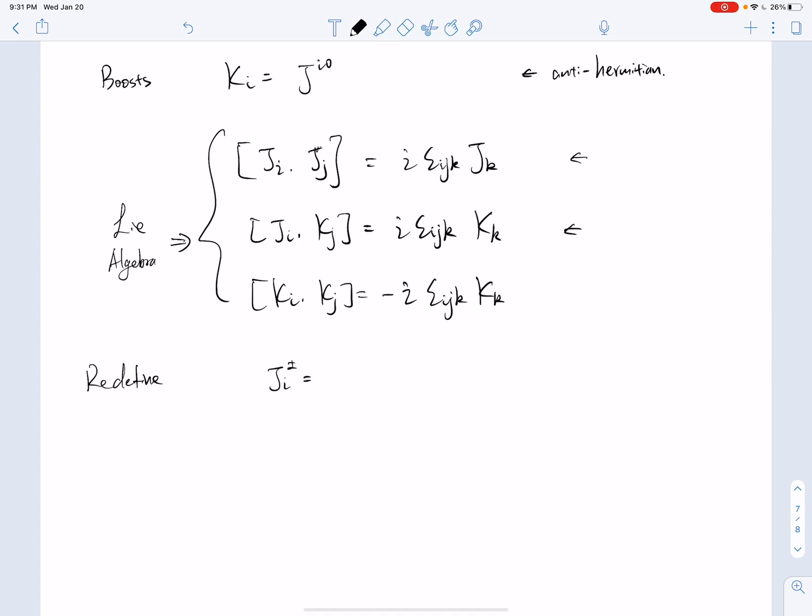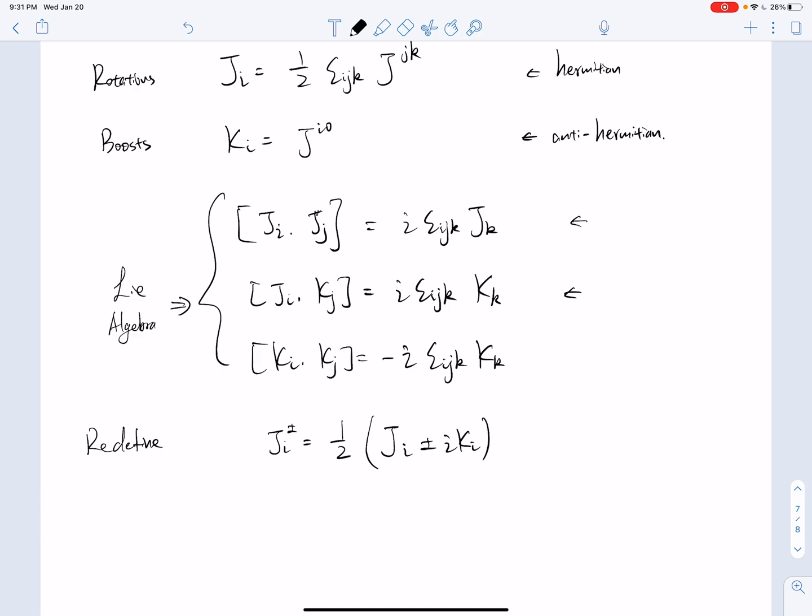We redefine our generators into J plus or J minus, defined as J i plus or minus i K i. The factor of i is there because, remember, these boosts are anti-Hermitian.